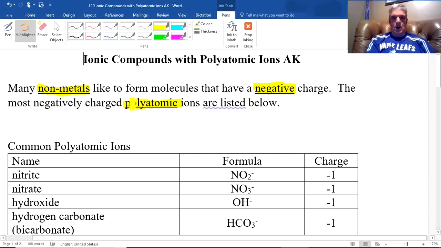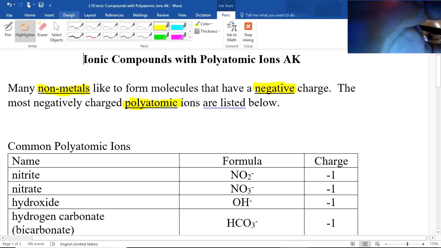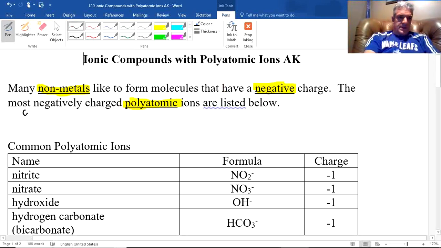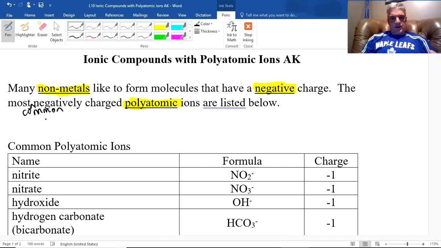I should write that word in there, the most common. And there's a number of them.